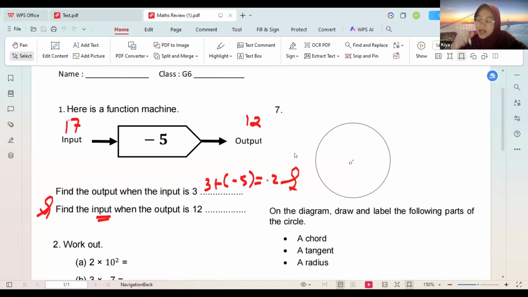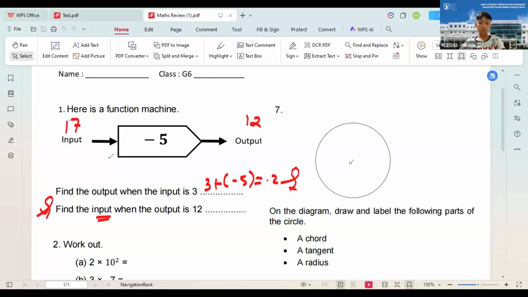Before you answer on your paper, you have to read again and think again. You have to rethink, is that answer correct or not? Okay, that's the first question. Is there any question about this?